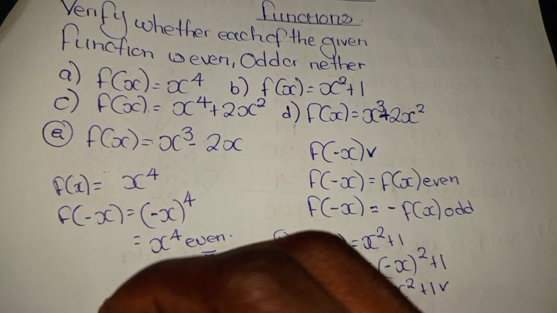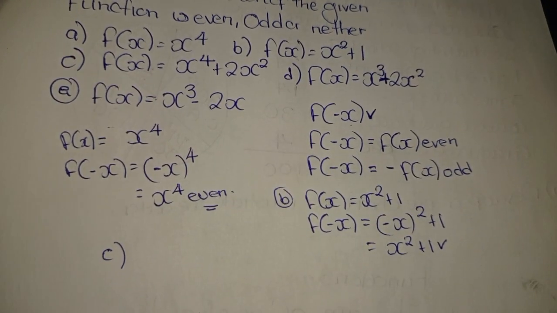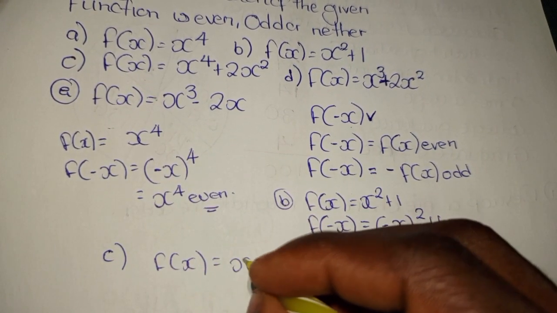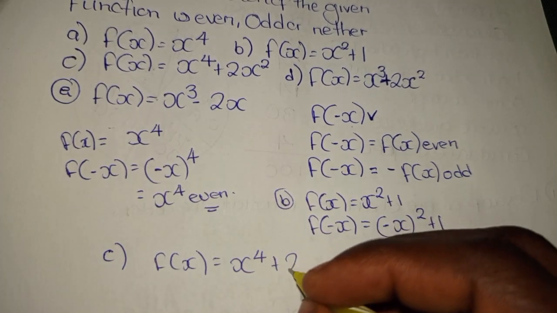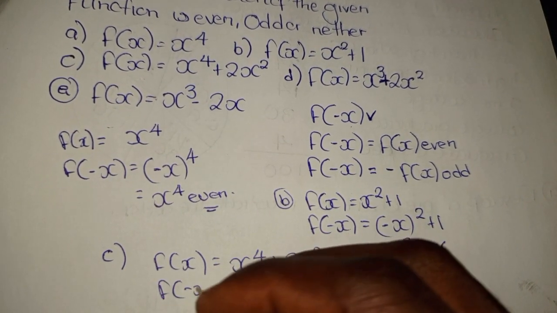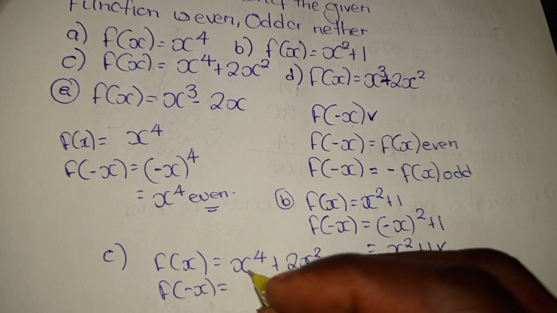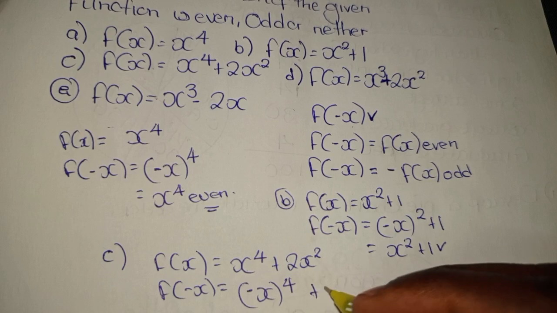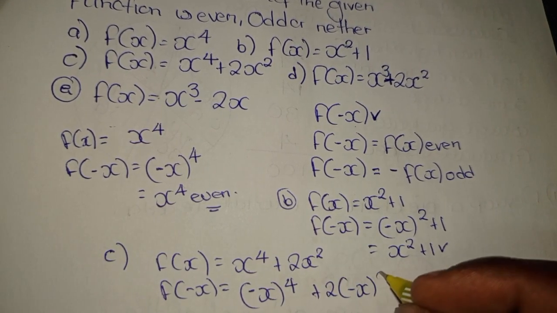The third example we have is f of x equals x to the power 4 plus 2x squared. So we get our f of negative x. We put negative x in, so we have negative x to the power 4 plus 2 times negative x squared.